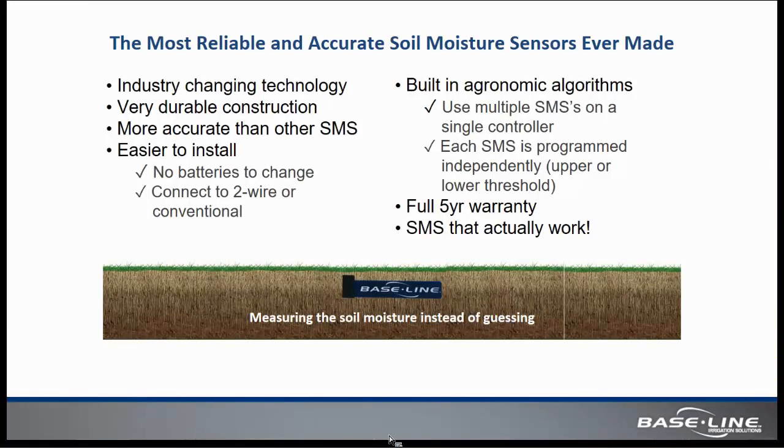It's very easy to install. Wires to a 2-wire or conventional wire irrigation system, and we utilize agronomic algorithms in the technology that allow us to have multiple soil moisture sensors on a single controller, and we can program each one of those sensors independently depending on what watering strategy we want to employ.